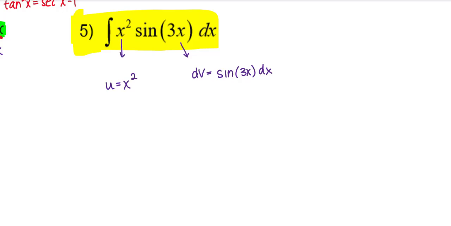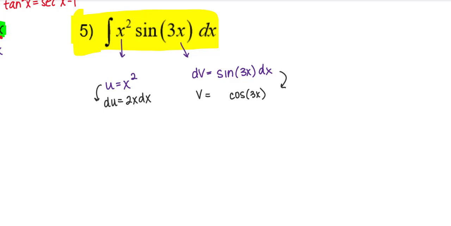But okay, so the derivative of u, right on my left, I'm going to do the derivative. So the derivative of x squared, 2x dx. And on the right, I'm going to do the antiderivative. So antiderivative of sine 3x. Well, we know it's going to turn into some form of cosine 3x because, again, you're never allowed to change a base or an angle when you're just doing a standard derivative or antiderivative. And I know sine and cosine become each other.